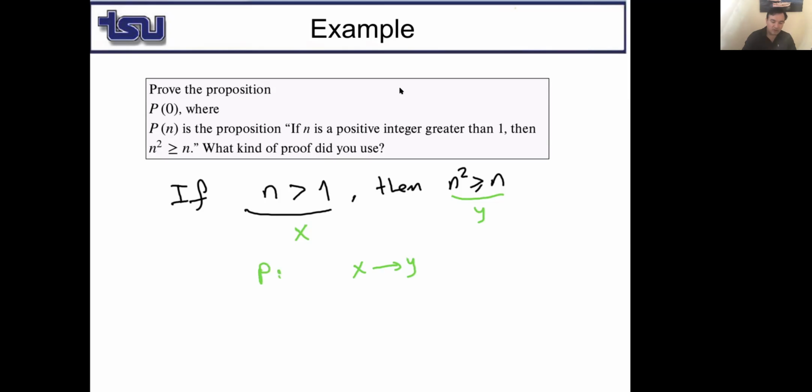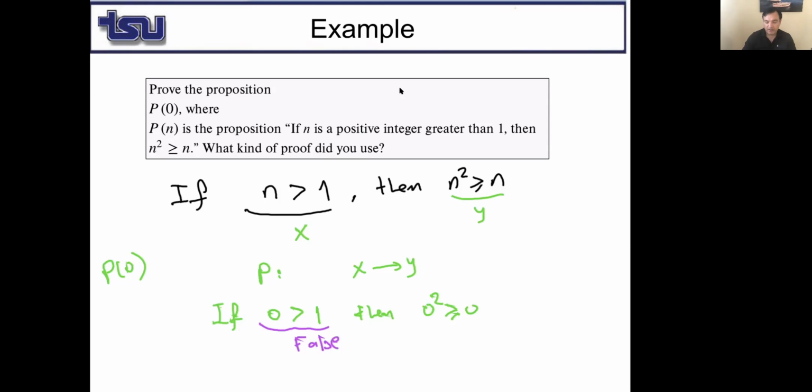So, what about P(0)? This is a propositional function, right? What is P(0)? P(0) is: if 0 is bigger than 1, then 0 squared is bigger than or equal to 0. That's the statement that we are trying to prove. But look, this is false, right?